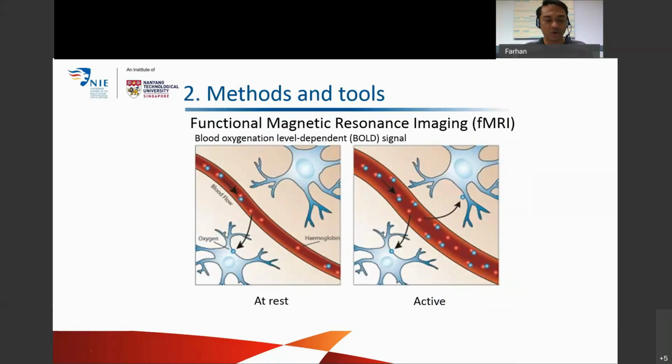More than 30 years ago, almost exactly, it was discovered that oxygenated blood gives a very different signal in magnetic fields compared to deoxygenated blood. So fMRI is able to distinguish between brain areas that are more active from those that are less active.